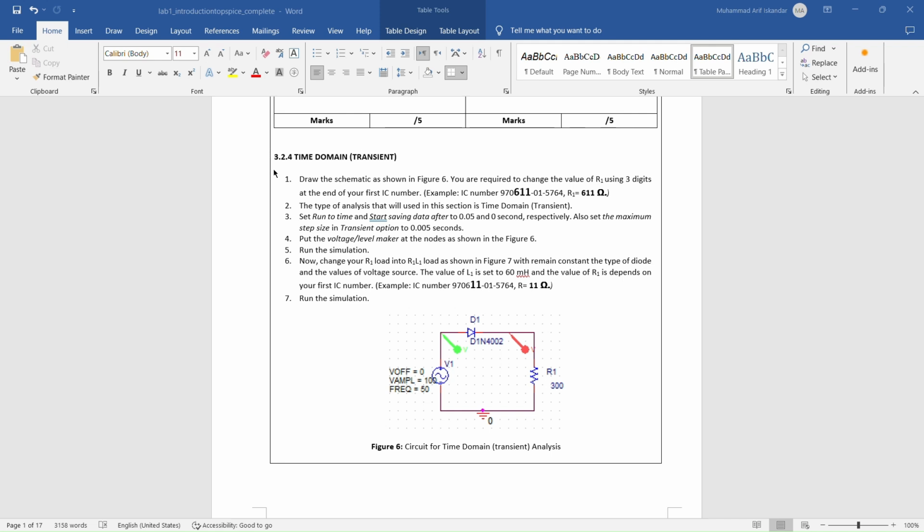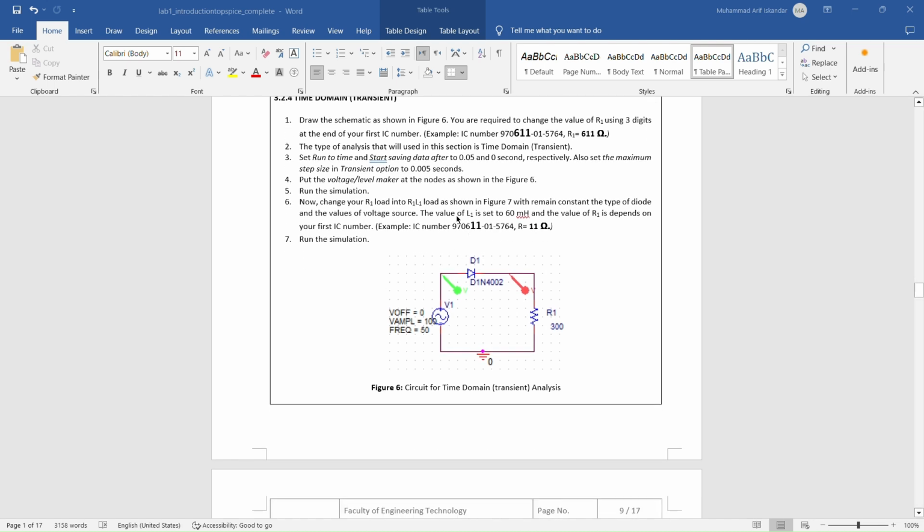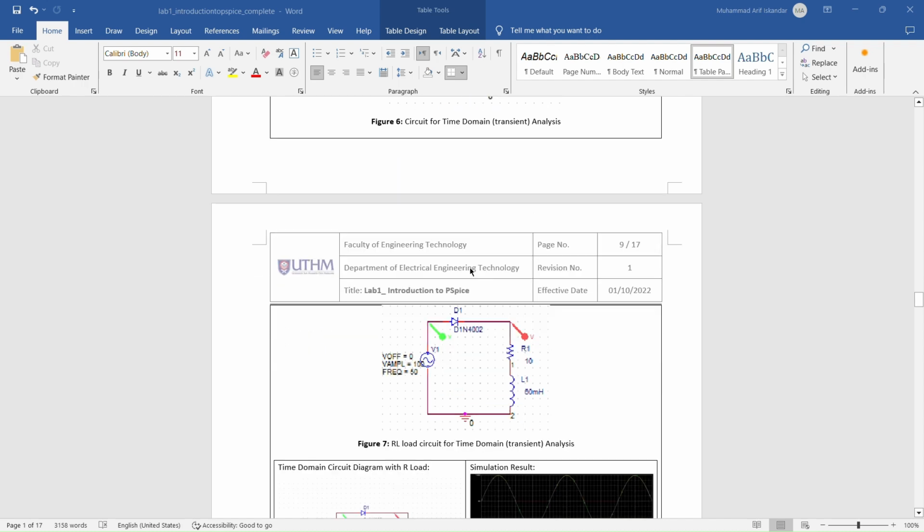In this part, time domain transient, I will explain this simulation. We just follow the instructions to get the simulation, just like in the lab sheet.